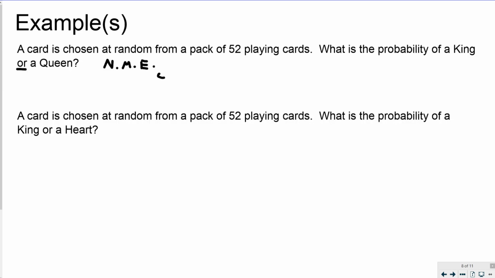So a king, there are 4 kings in the deck out of 52 cards, so the probability here would be 4 out of 52 plus another 4 out of 52 for a total of 8 out of 52, which you can reduce the fraction to 2 over 13. So the probability of that happening is about 2 over 13. If you really wanted to put it in as a percentage, you could estimate that the percentage is about 15.38%.